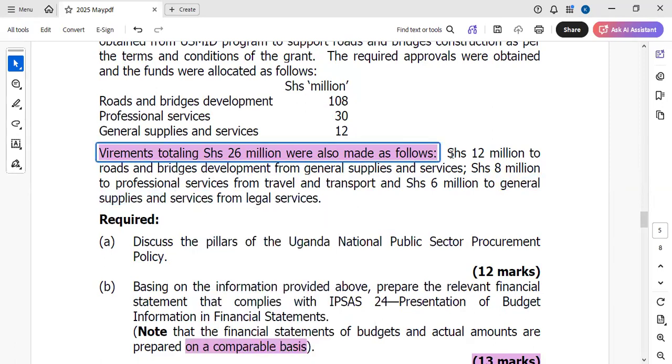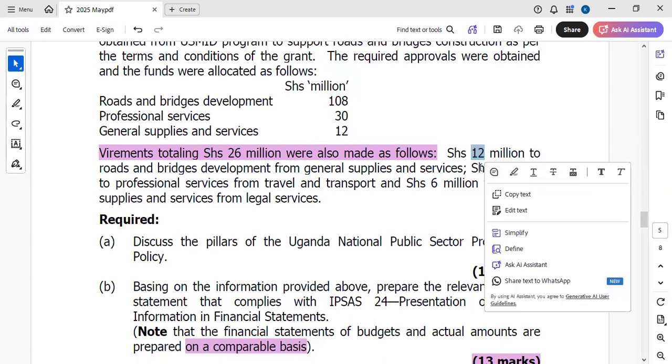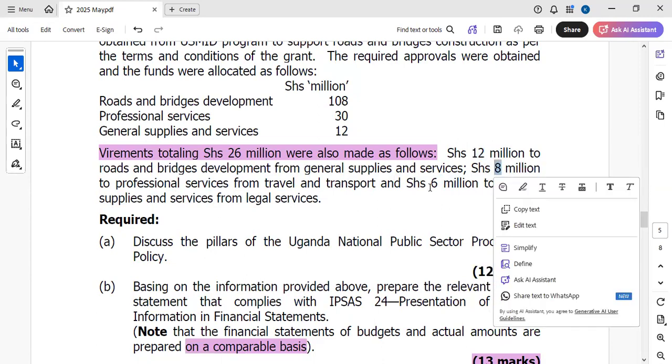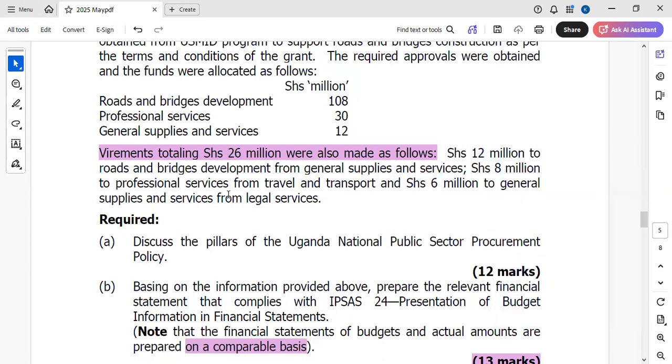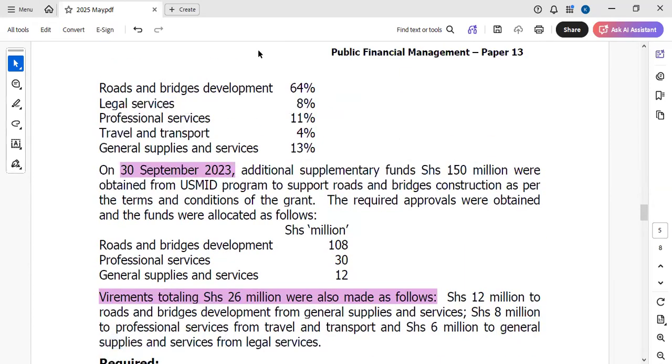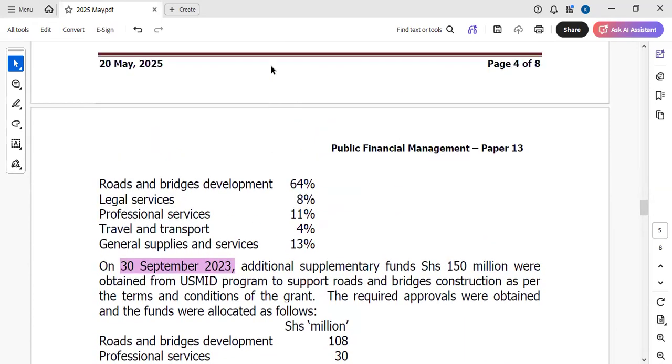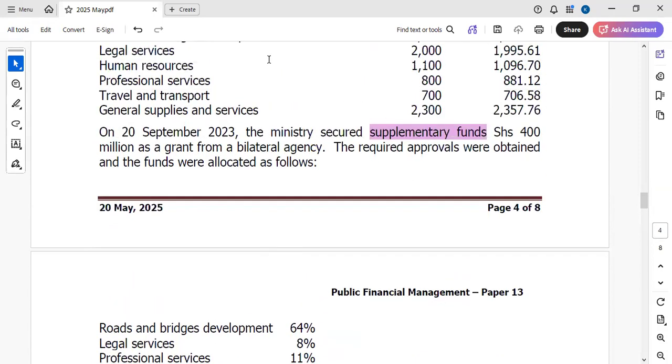If you add the 12 plus 8 plus 6, are you getting 26? Yes, because 12 plus 8 you get 20, plus 6, that is 26. And that's it. So once you understand all of this, you see that the numbers become very easy.